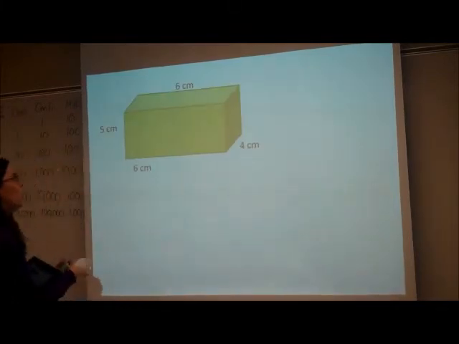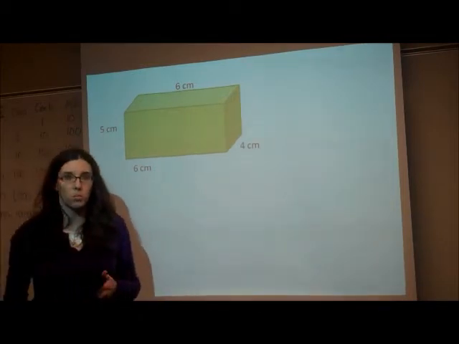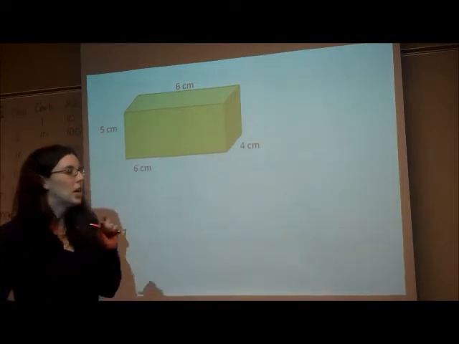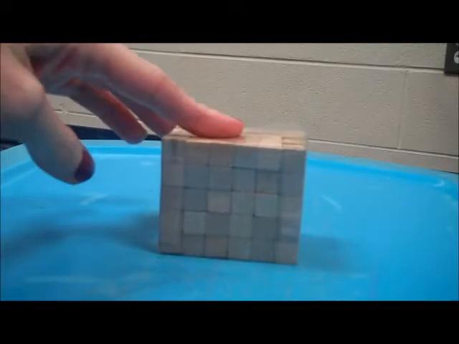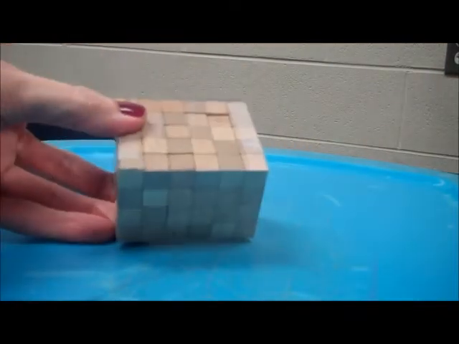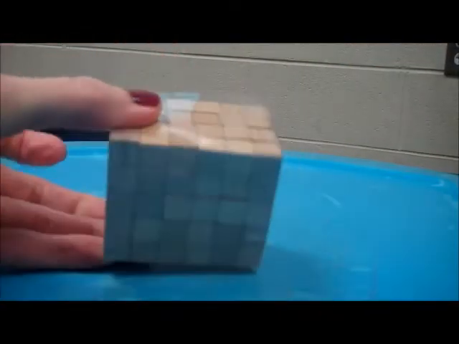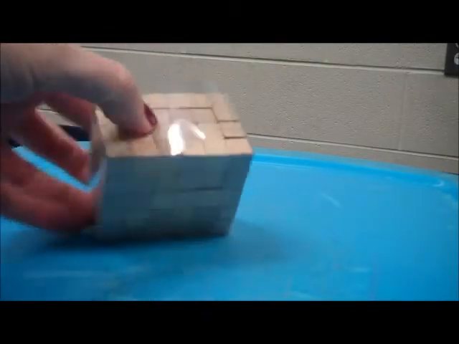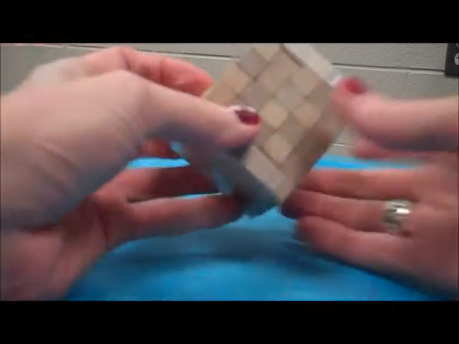We're going to start by figuring out the volume of this rectangular prism. We're going to look at it with actual cubes, and then we'll come back and work on it like this. Here I have a rectangular prism all filled up. When finding the volume, we want to figure out how many cubic units will fill that shape.